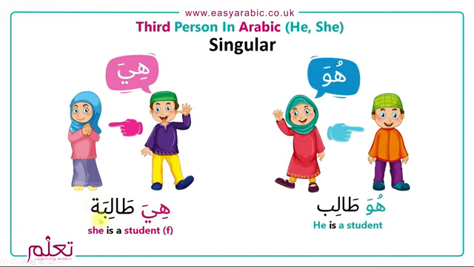So you make sure that the nouns match your pronouns. As we said, the nouns must match in gender, number, definite, indefinite. So the personal pronoun must match the noun. If you're talking about a male, you use the right personal pronoun. If you're talking about a female, you use the right one. Okay, so that is the singular form of the third person.